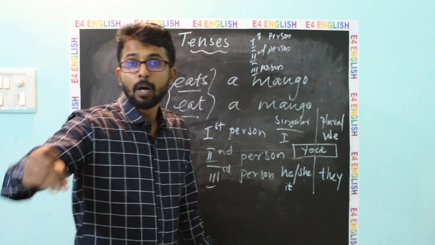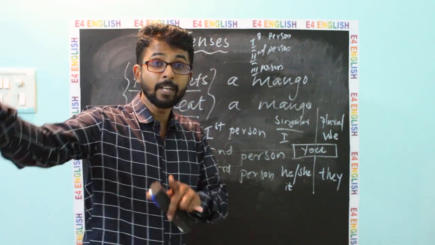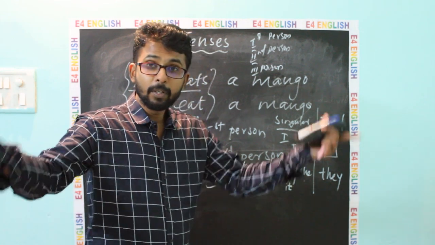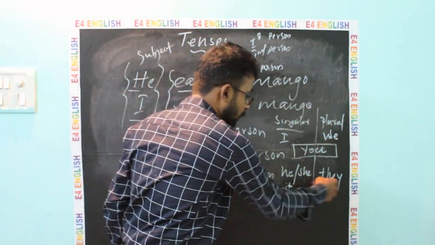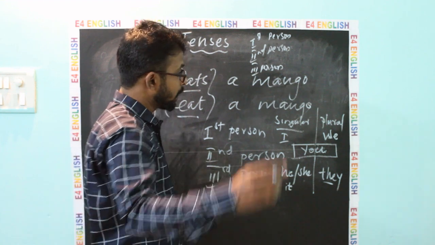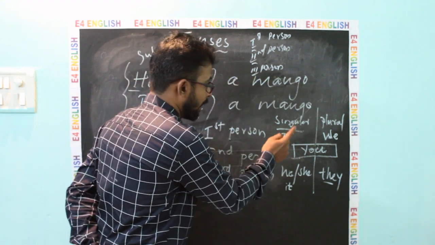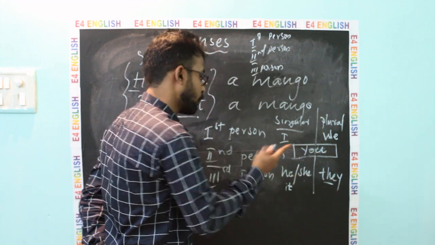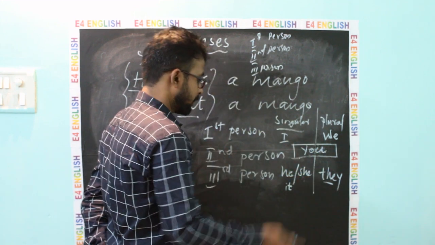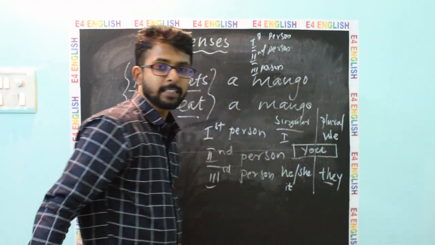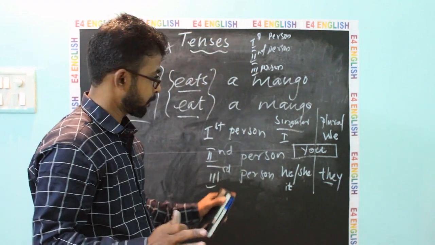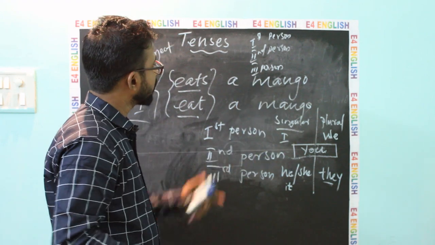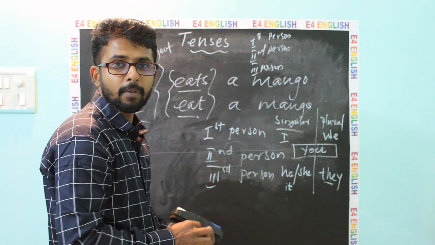Suppose I am talking to you about Ravi and Kiran. Ravi will be he and Kiran will be another he itself, but together they contribute plural and we can call them they, right? So here you count: 1, I; 2, we; 3, you; 4, he; 5, she; 6, it; 7, they. So these are the 7 subjects, right? Please note this area down, and after that I am directly going to enter into the tense part.